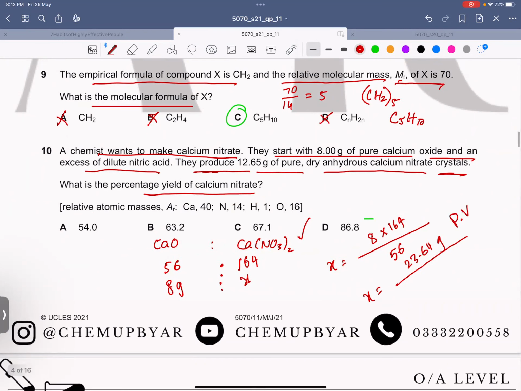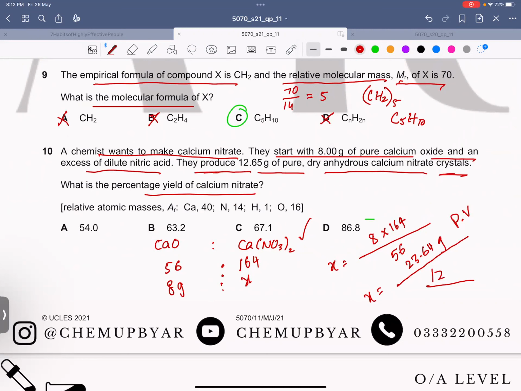So to find the percentage yield, we divide the practical value, that is given over here, in the numerator, divided by the theoretical value 23.64, times 100. Can anybody tell me the answer over here?